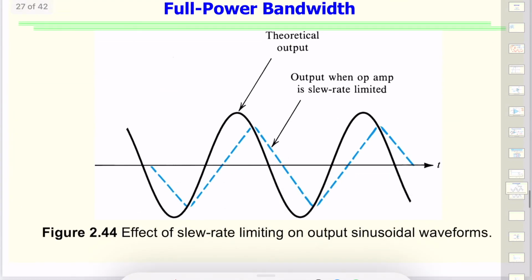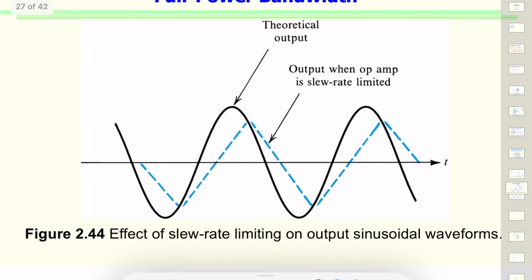Another imperfection is full power bandwidth. Slew rate causes nonlinear distortion. Now consider a unity gain follower circuit with Vo equal to Vi sine omega t.